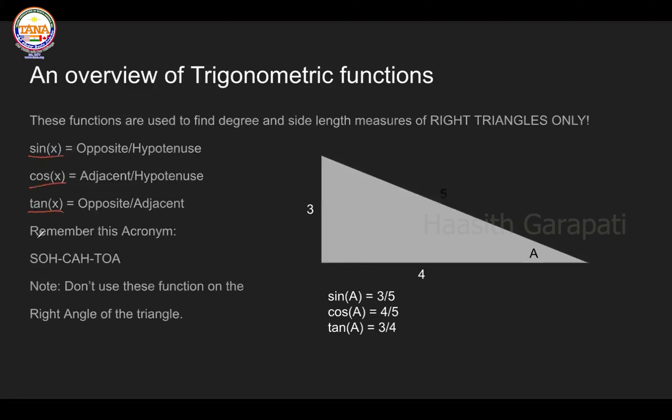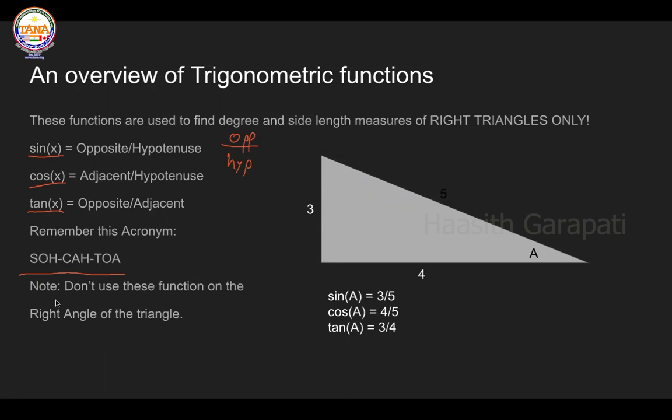There's sine, cosine, and tangent. And each of them correspond to a different proportion of sides. So sine corresponds to opposite over hypotenuse, and cosine corresponds to adjacent over hypotenuse, and tangent corresponds to opposite over adjacent.